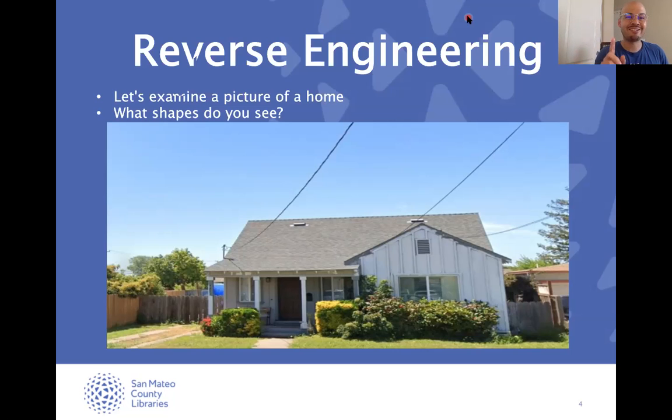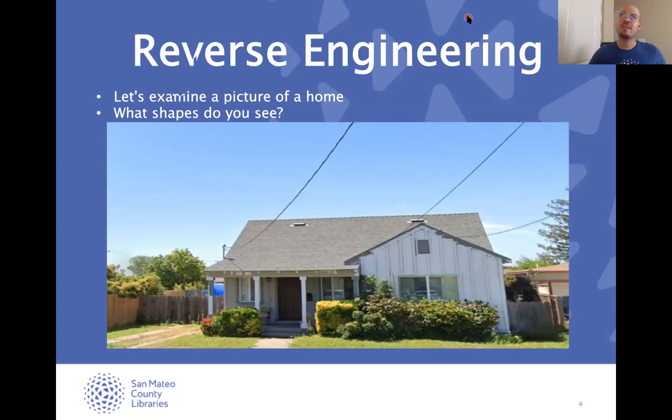All right. Okay, a square, rectangle, triangle. Who said pentagon? Oh my gosh, you know your shapes, everyone. Great points. Now, you could basically reverse engineer any structure that you see, whether outside your window, when you're going to the library, when you're going to school, when you're driving with a family member to and from a destination.